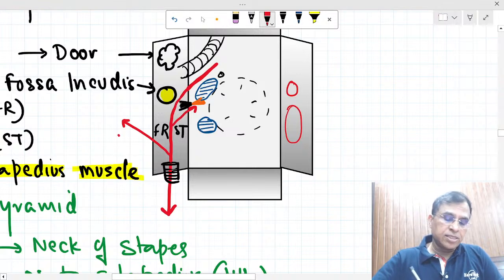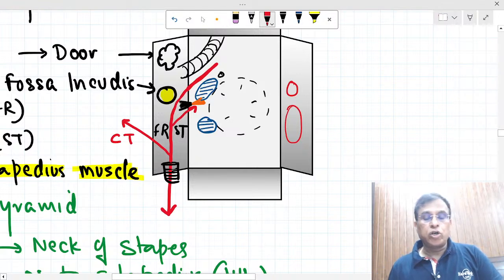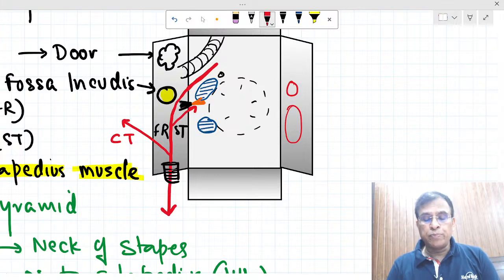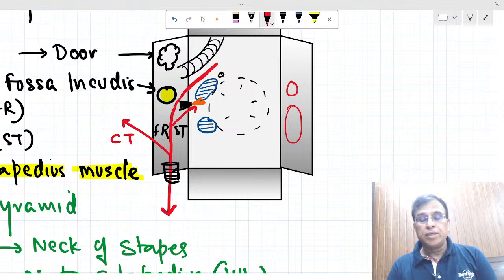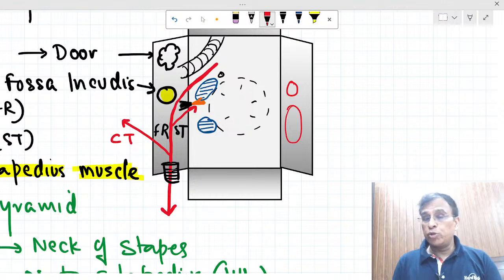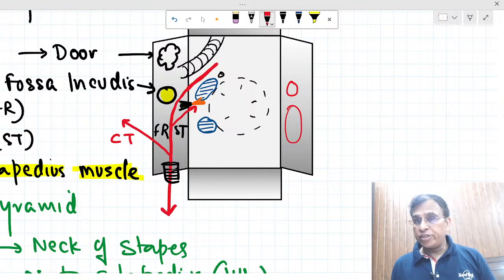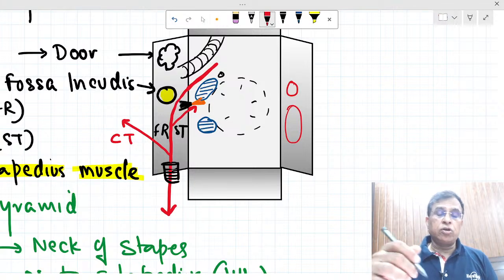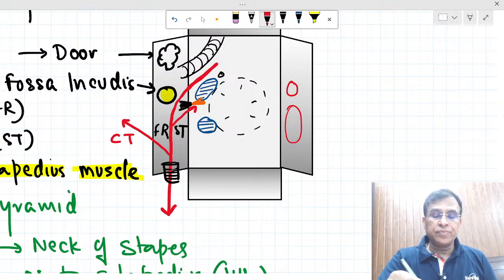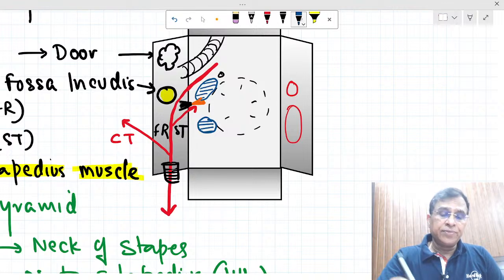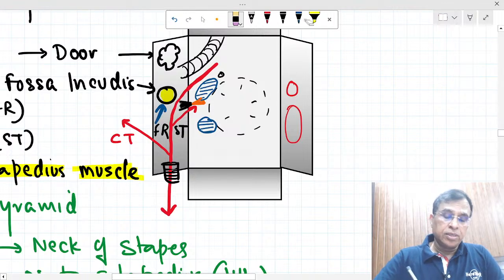And this branch is CT. CT is chorda tympani. I'm sure you know chorda tympani is one of the most popular branches of the facial nerve. Now look at this posterior wall. You can see the main facial nerve. You can see chorda tympani forming an angle, and a little above that is this fossa incudis, which I'm pointing with an arrow, right?